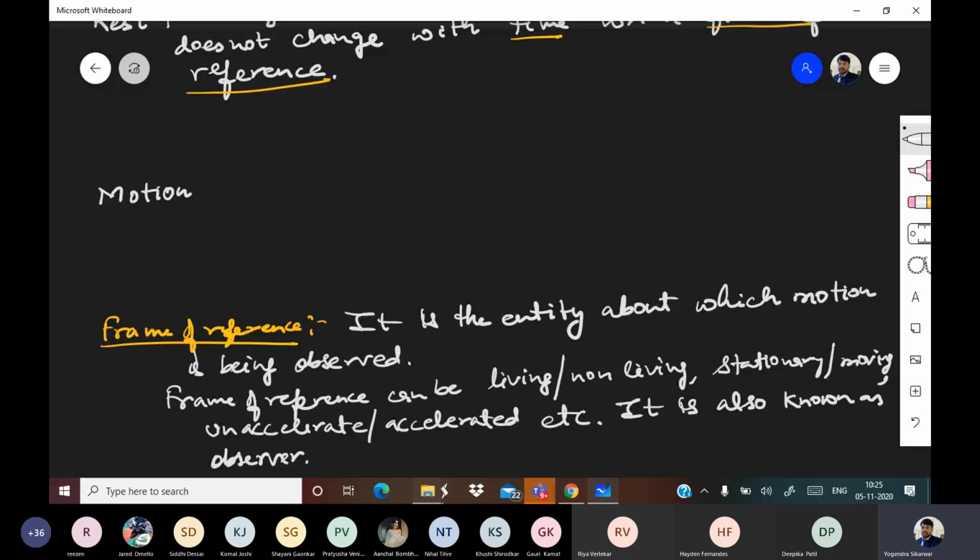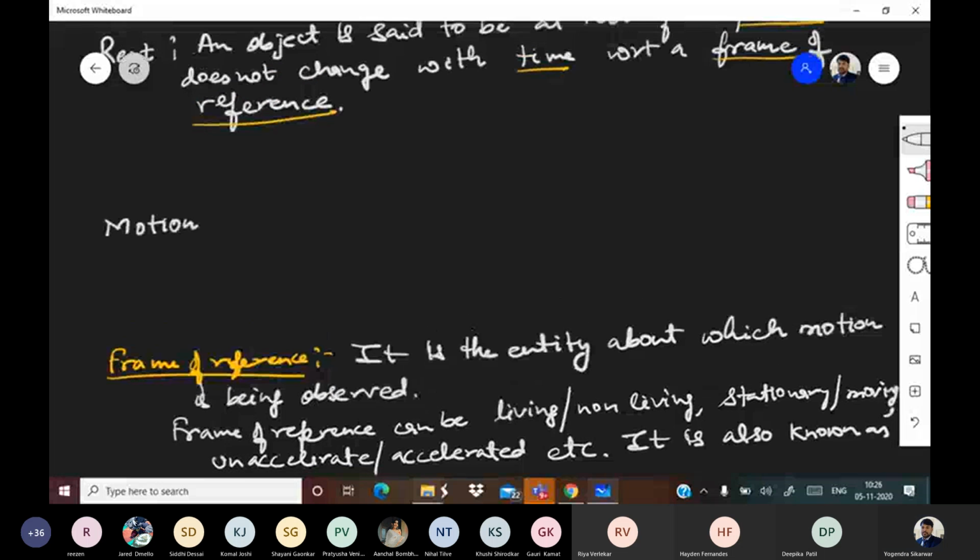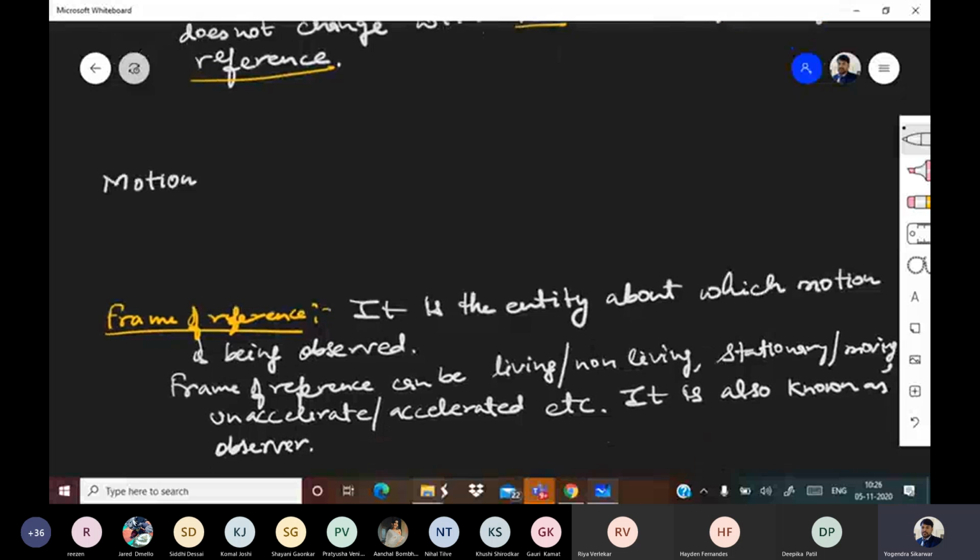Acha, be very clear. Suppose nothing is mentioned in the question about what the frame of reference is. For example, if it is given a car is moving with a speed of, let's say, 100 km per hour. So if nothing is mentioned specifically as observer, then ground should be taken as the frame of reference. Okay.